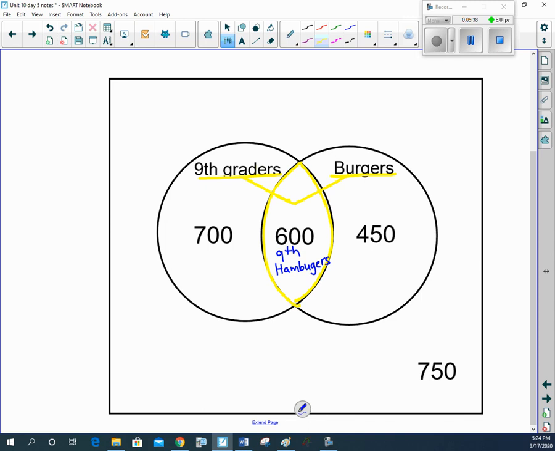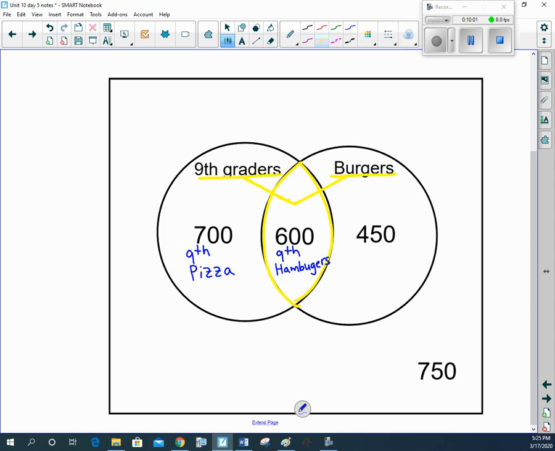Okay, once you've got that figured out, then that makes it easy over here. If this is the 9th grade circle on the left, then the 700 must be the people who are 9th graders, but they're not the ones that like hamburgers because we've already got that on the other circle. They must be the 9th graders who like pizza.